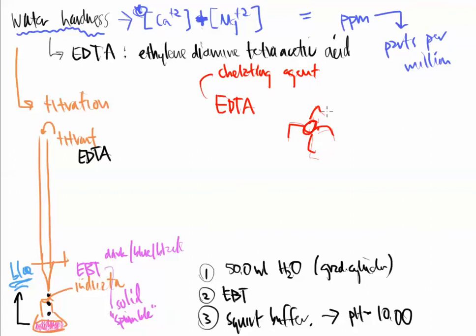So EDTA is a chelator, which means it captures. It captures poor little old calcium right here, and it grabs onto it, and it will not let go. EDTA is very commonly found in preservatives. If you go to your refrigerator and pull out a food item and take a look at the ingredient list, I guarantee you that EDTA will be listed on some of those products.